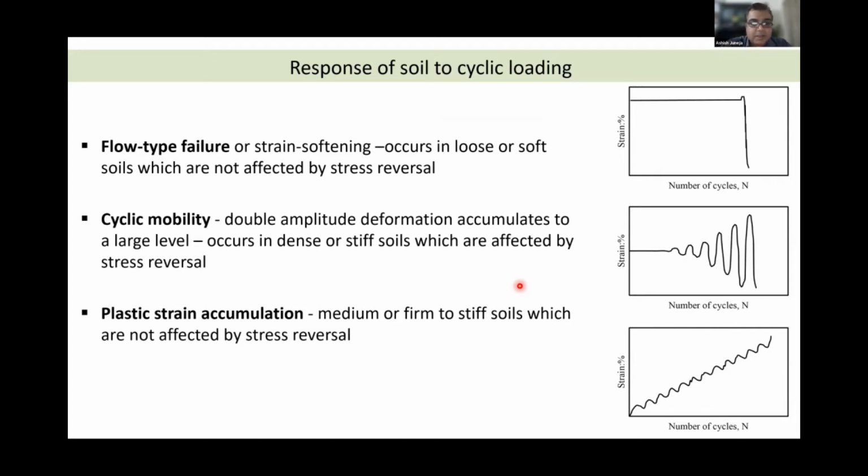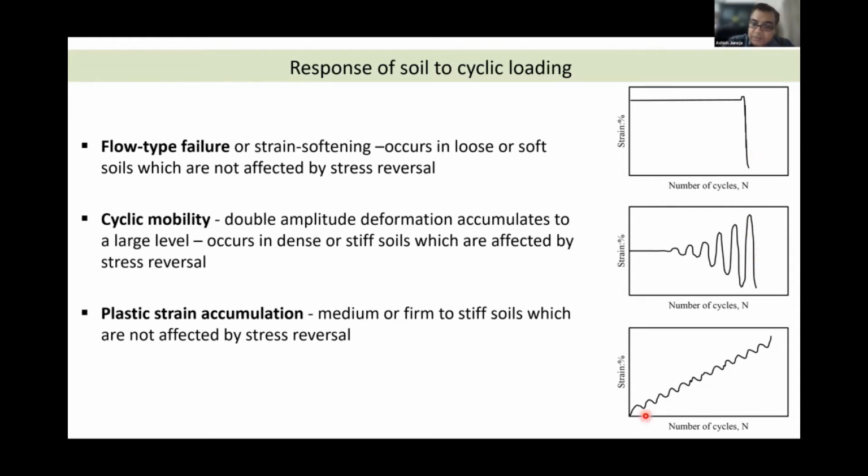And of course, I'd like to give a brief background on what happens to soil during loading. During loading, the majority of you would know you can either have a flow type failure, meaning loose sand or normally consolidated soil. They're quite nice up to a certain number of cycles, and then bang, it fails. Dense deposits will have more of a cyclic mobility, wherein the deformation increases, and the first and second cases are more serious.